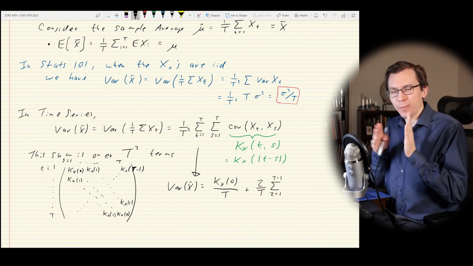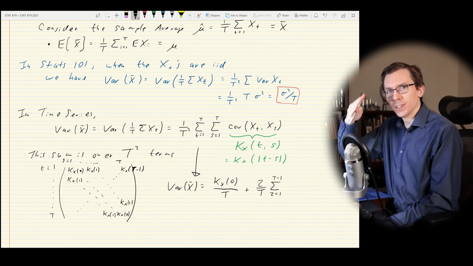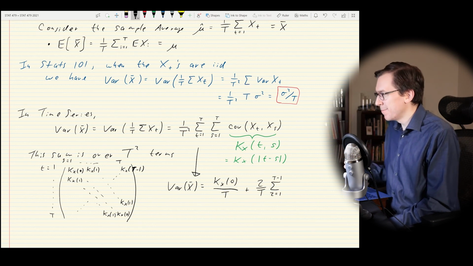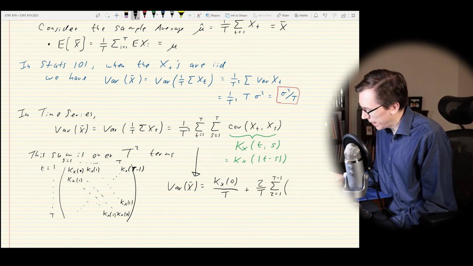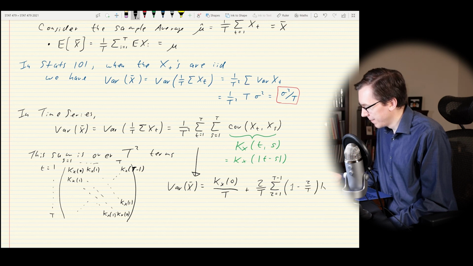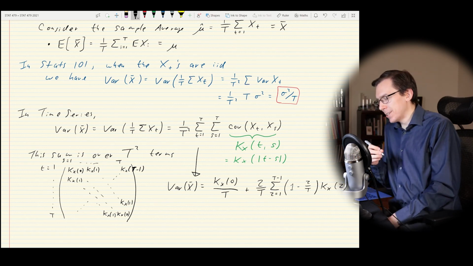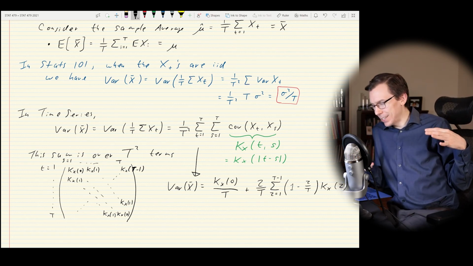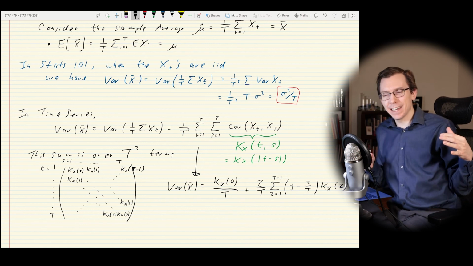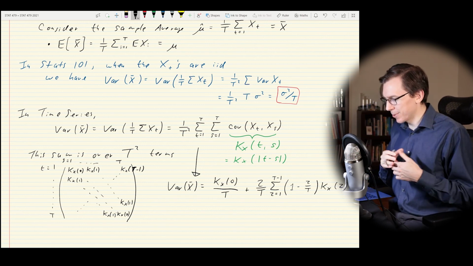The lag is going from 1 to T minus 1 as we move along the diagonals of this matrix I wrote here. And what we're going to get on the inside of the summation is 1 minus z divided by capital T, Kx at lag z, right? So you can stare at this formula and see that it makes sense with respect to the matrix that I wrote down.